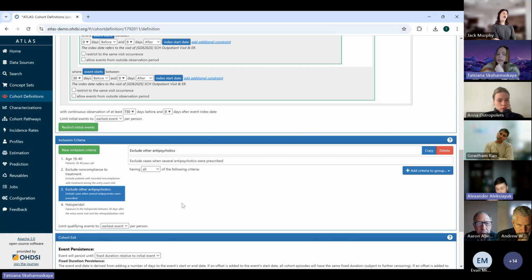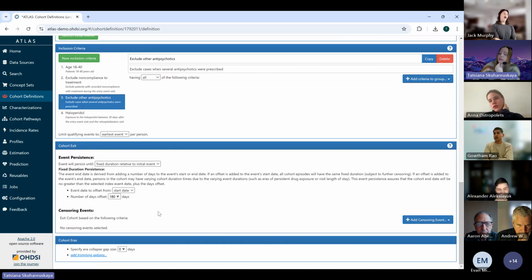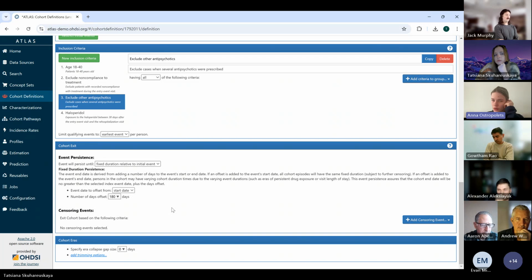So do I put it in here? Do I put it as a censoring event? You usually don't want to. First of all, you usually don't want to look forward, meaning that you want to exclude patients with prior antipsychotics before the index start date, before your visit, and you don't want to look forward, so as not to introduce immortal time bias.